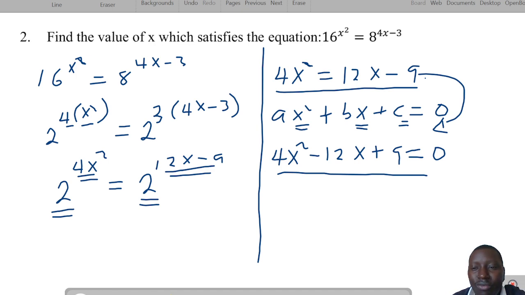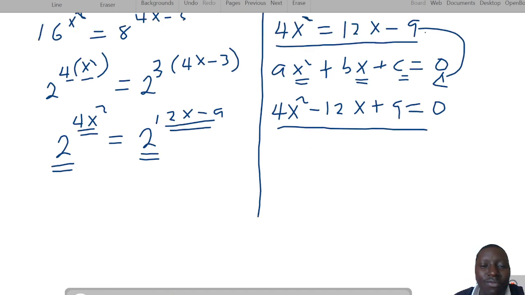And class, for us to be able to make use of factorization, it implies that we have to look for two numbers whose sum is negative 12, and whose product is a times c, and a is 4 and c is 9.